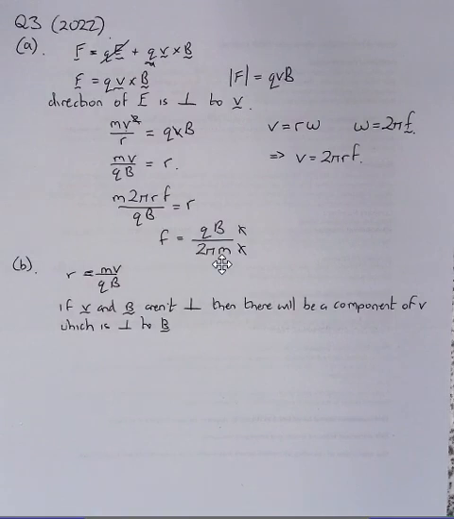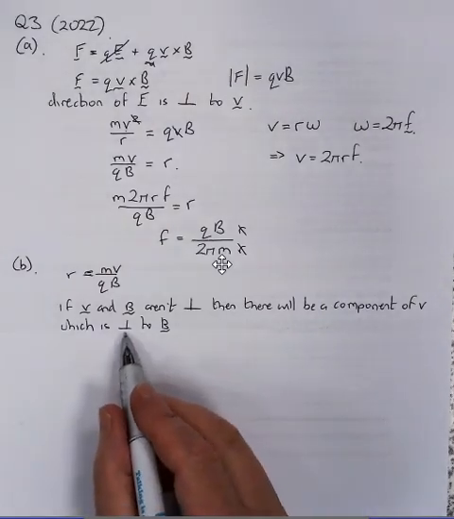The component that isn't perpendicular to B will produce linear motion. There will be no force in that direction if it's parallel to B. And so what we end up with is a spiral.